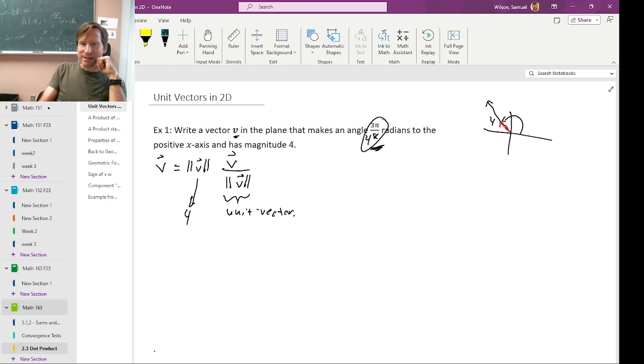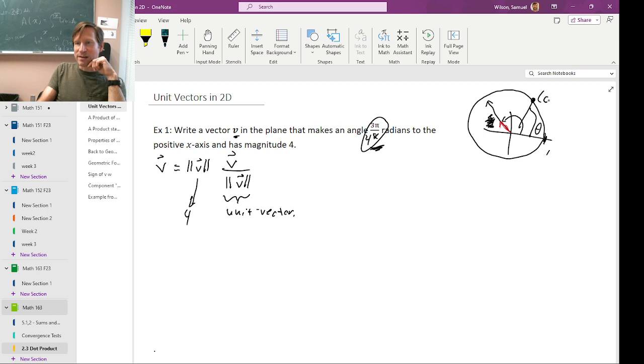Well, the angle is telling us what direction it is. And if you think about just a unit circle, this is too big to be a unit circle because I've already said this is length 4, but let me scratch that out. Now I can pretend that this is a unit circle. Remember that the position of any point on a unit circle is determined just by the angle that that point makes with the positive x-axis.